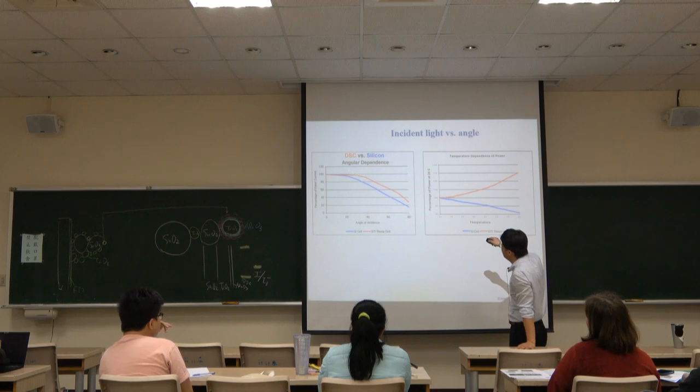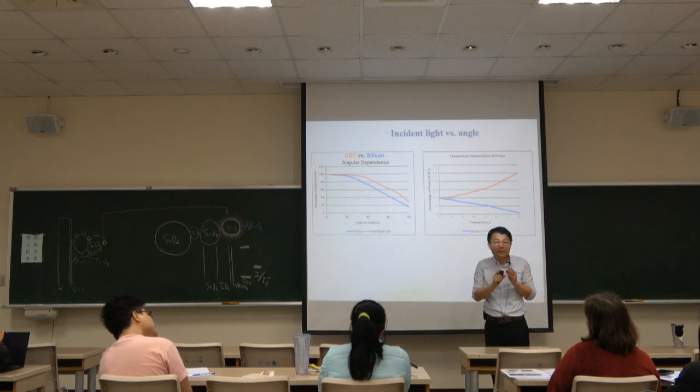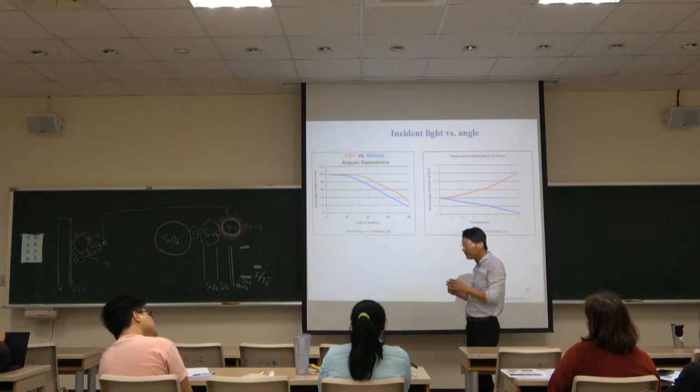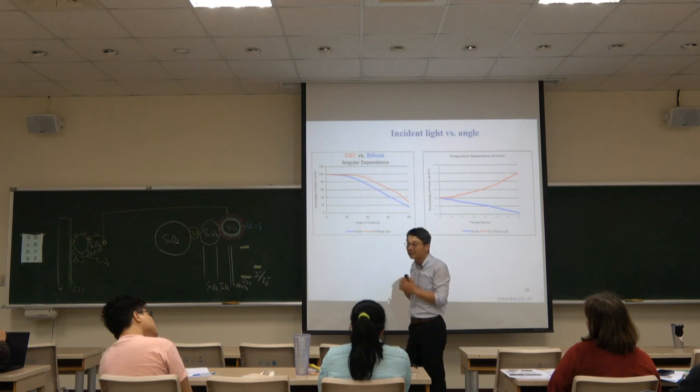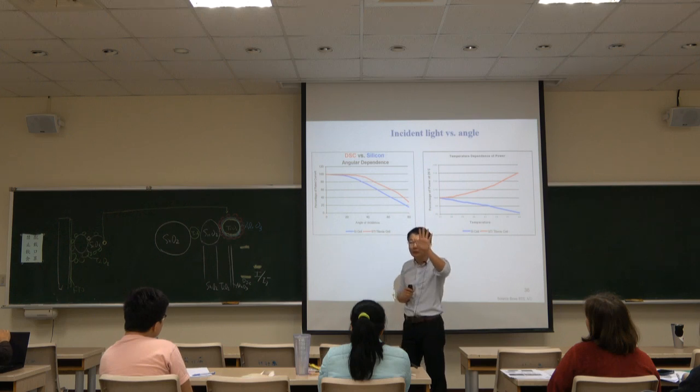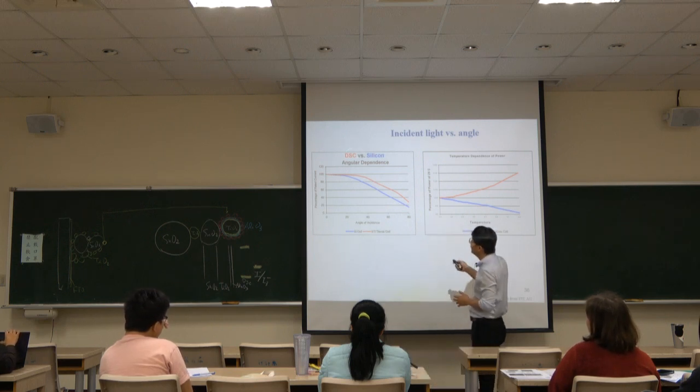That's great. This is something like angle sensitivity, solar light angle sensitivity. If the angle sensitivity is too high, once you face another angle there is no output. So lower sensitivity to the light angle is better. DSC has such an advantage.